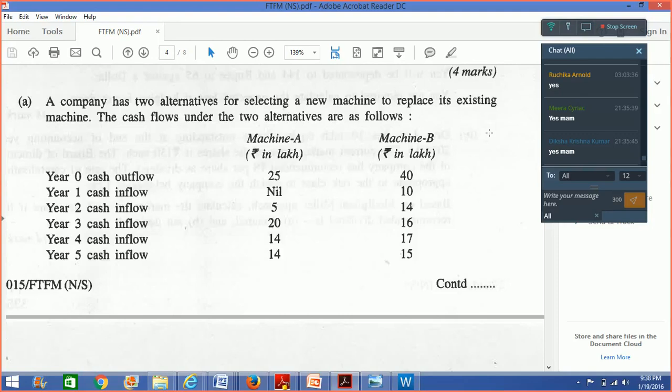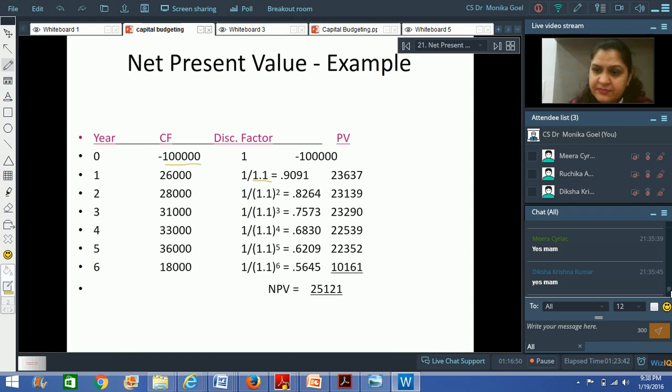Simple question. You have been given the cash outflow, you have been given the cash inflow in the two different machines, and you have been told that the discounting factor is going to be 15%. So can you solve this question? What would you do in order to solve this question? Find the net present value.